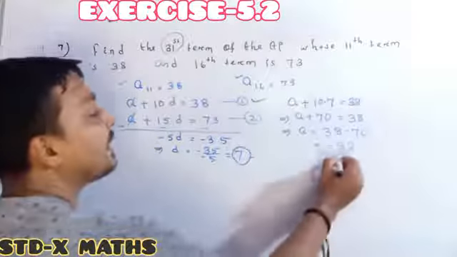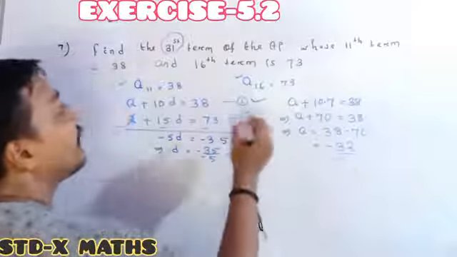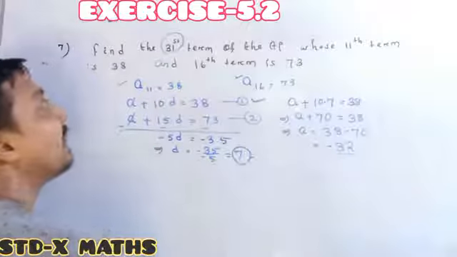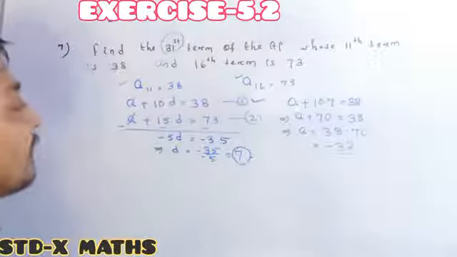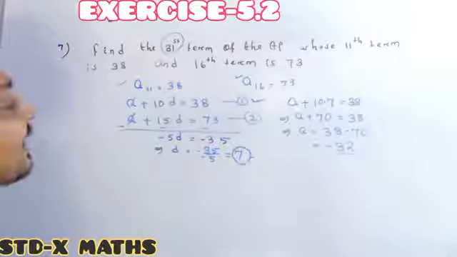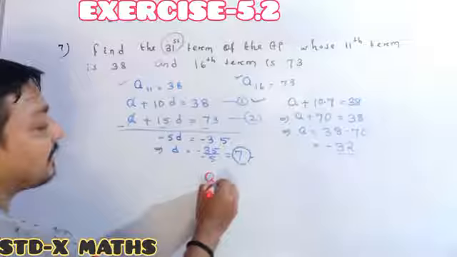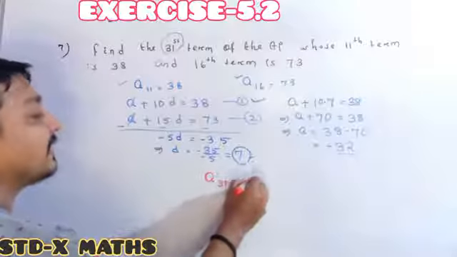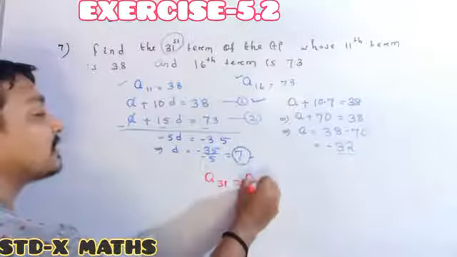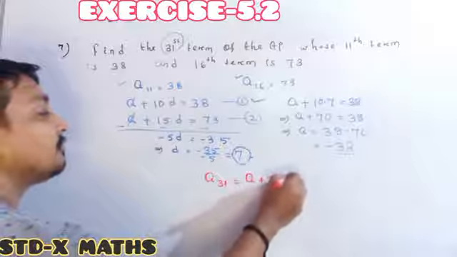As we have already got A and D, and it is asked that we have to find the value of A31. See the trick: A31 can be obtained as A plus 30D.